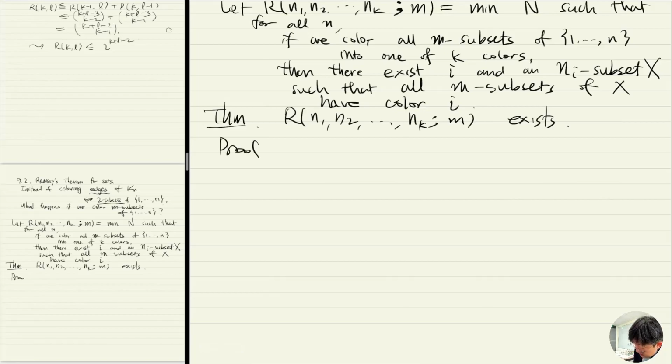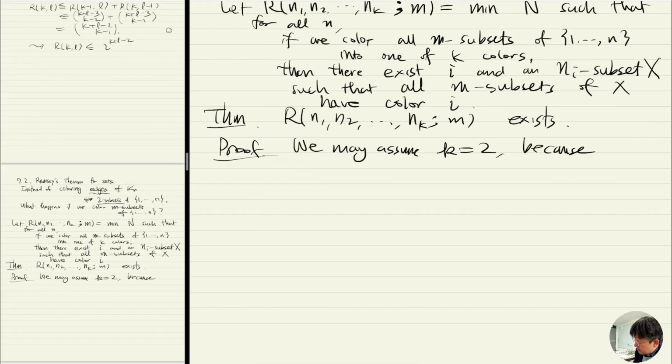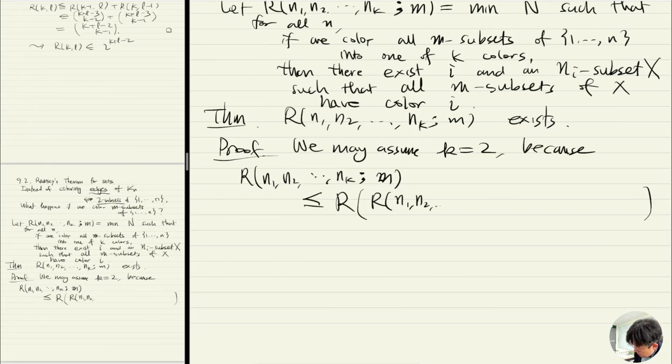And the proof is also similar. First of all, we may assume the case K equals 2, because if not, the number is less than this. So what does this mean?